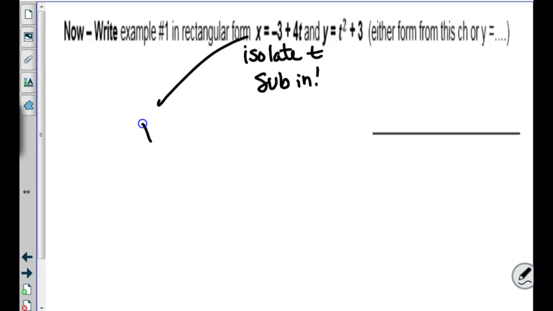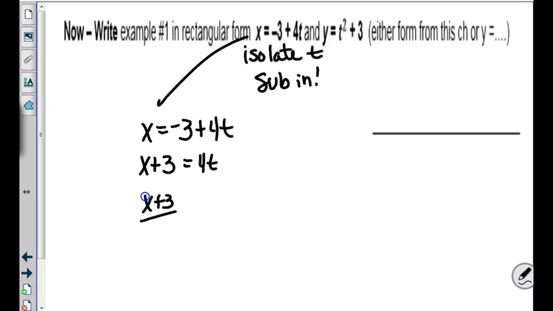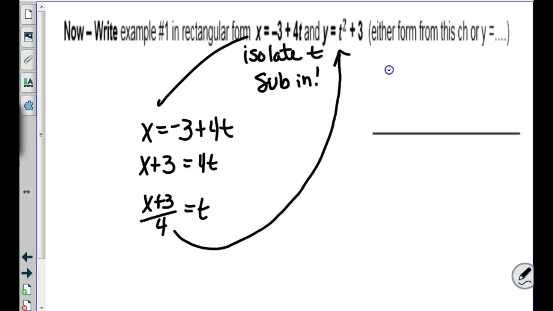So I have x equals -3 plus 4t. How do I isolate t there? Add 3 and then just put it all over 4. And then I take that one and I plug it into the y equation for the t. So now I will have only y's and x's.